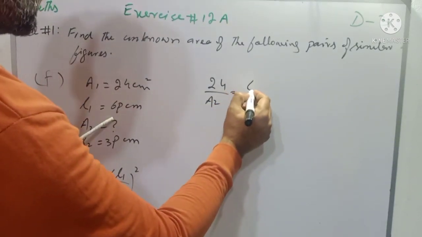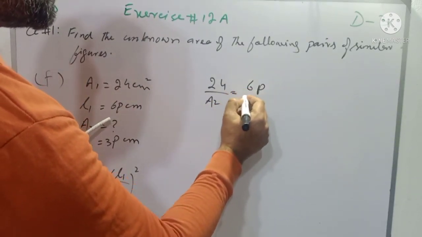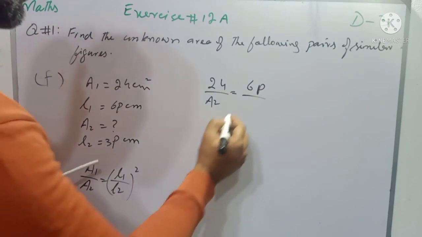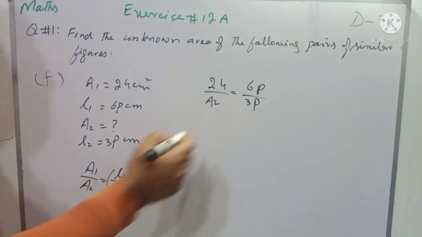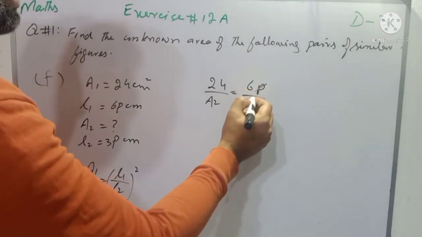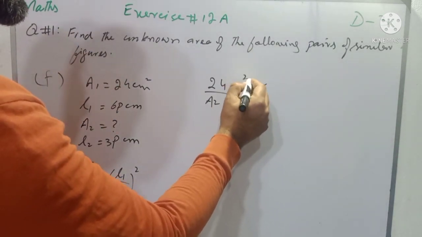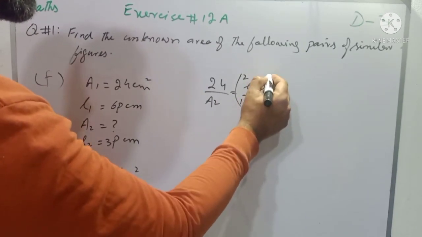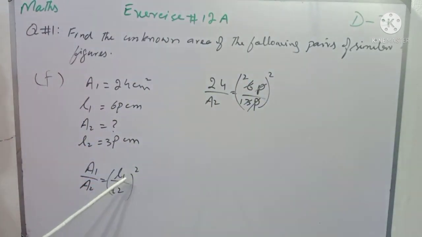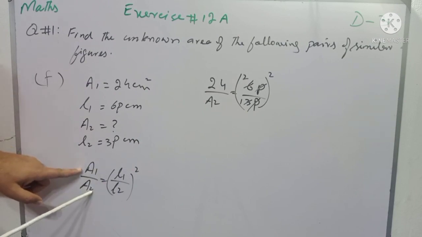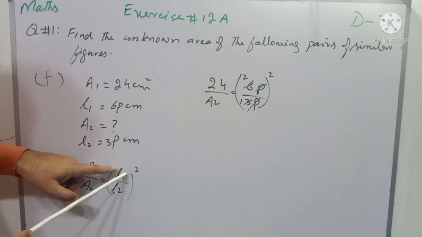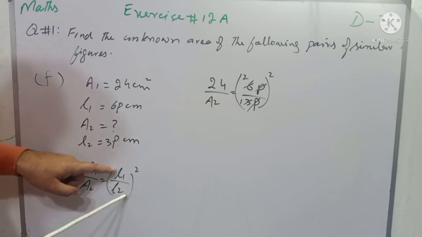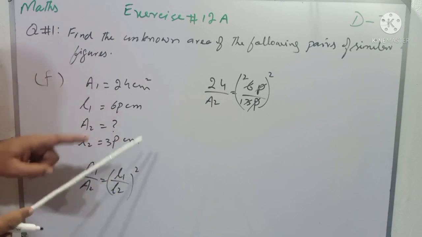length 1 is 6p centimeter and the length of L2 is 3p centimeter, and centimeter is not written. P will be cancelled with P. 3 1s are 3 and 3 2s are 6, and we have to take the square because the ratio of the areas of similar figures is equal to the square of the ratio of the sides of the similar figures.